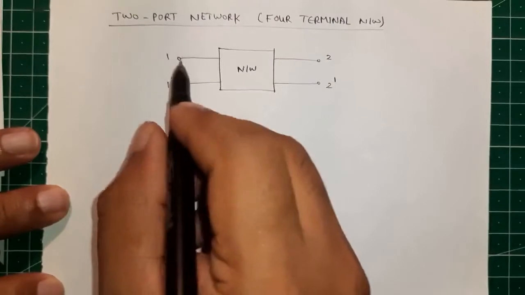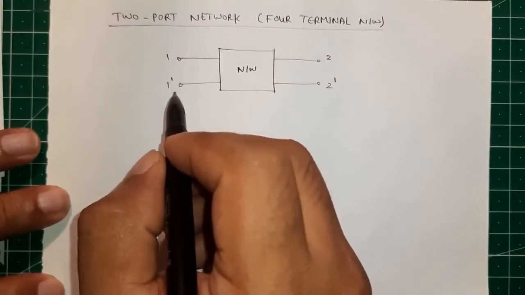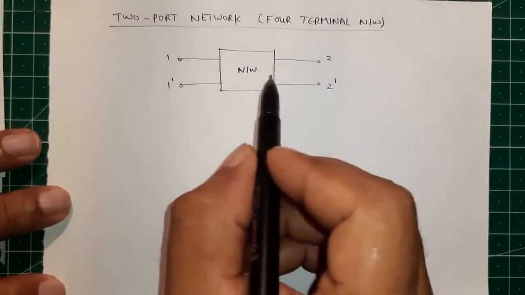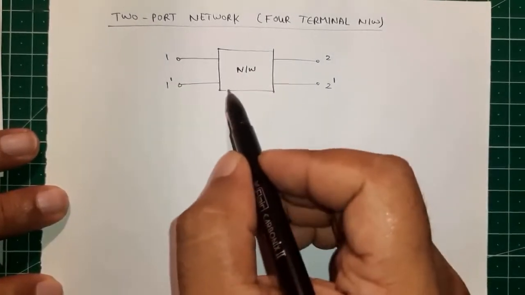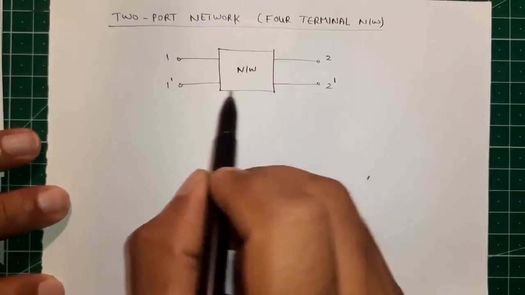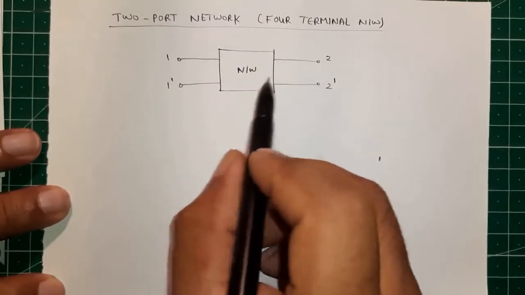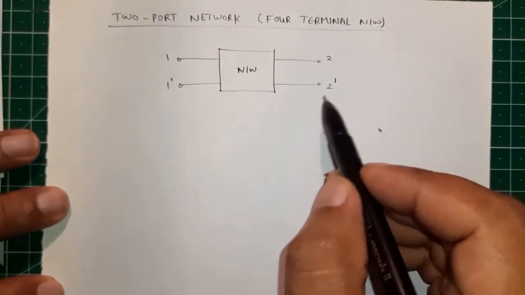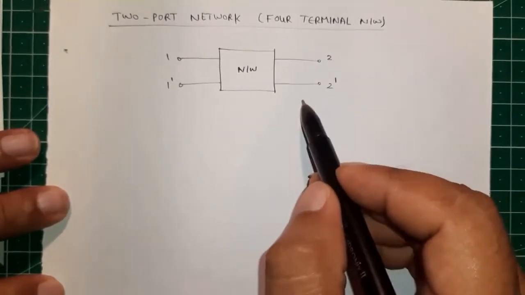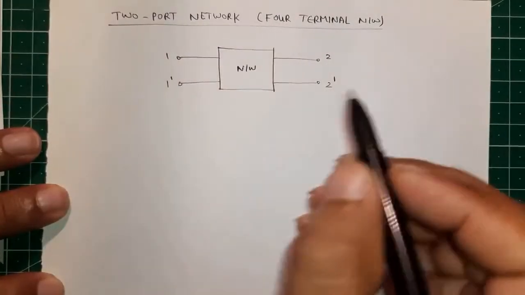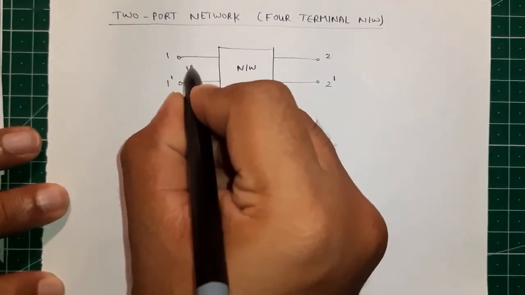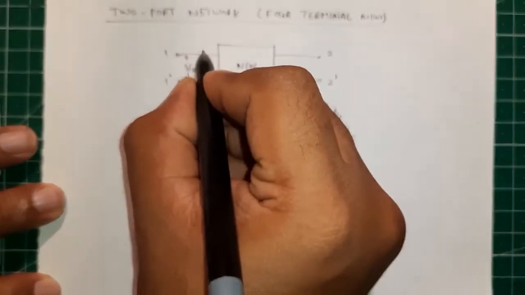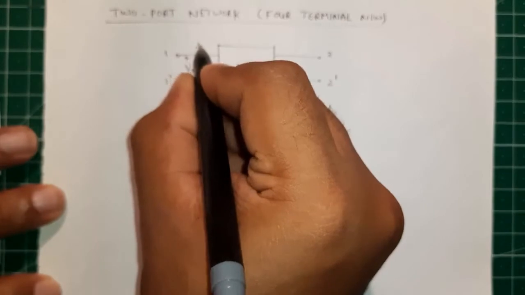So here we have the generator or the signal source, and the power is transmitted through this network of transmission line, or the signal gets transmitted through this network, and at the destination or the receiver we get the power. So Vs is the sending end voltage and Is is the sending end current.